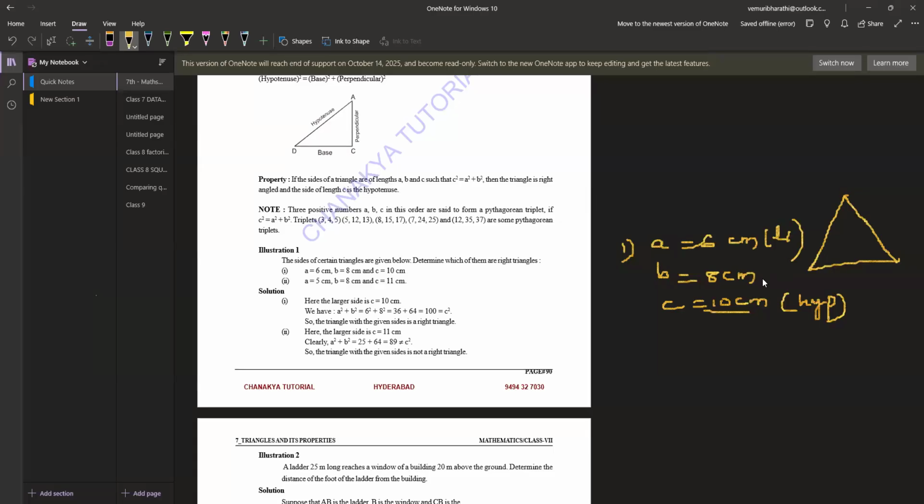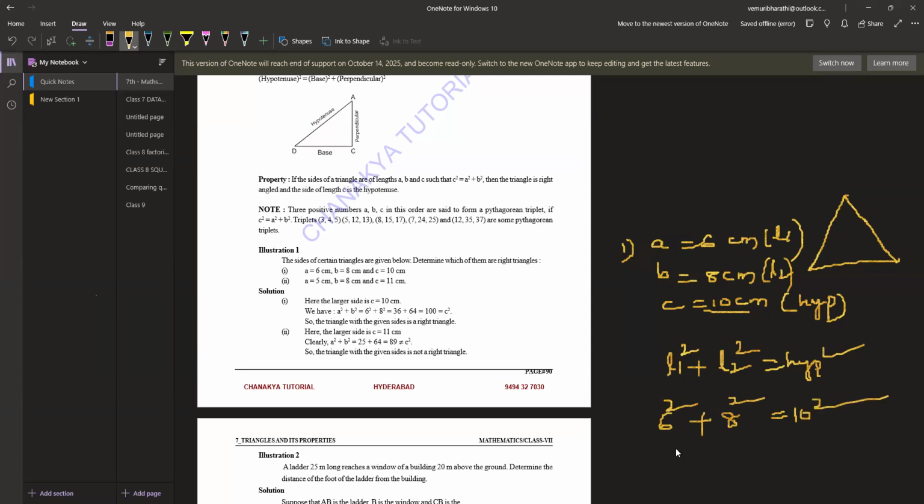Another two we call leg 1 and leg 2. We know the property according to the hypotenuse: leg 1 square plus leg 2 square is equal to hypotenuse square. So leg 1 is 6 square, leg 2 is 8 square, hypotenuse is 10 square.